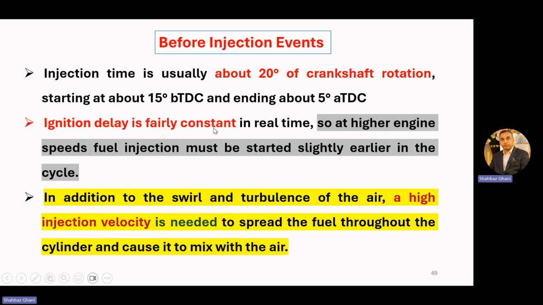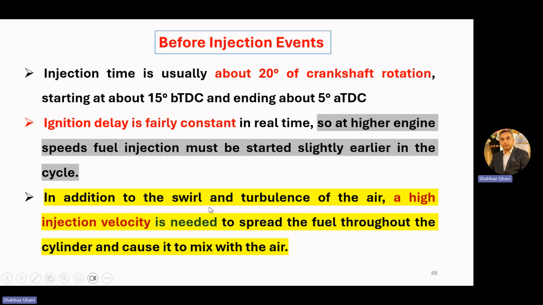Ignition delay is a property of the fuel and is fairly constant in real time. So to cater for this, at higher engine speed, fuel injection must be started slightly earlier in the cycle.